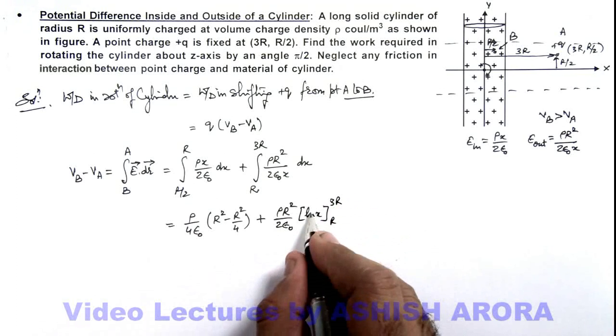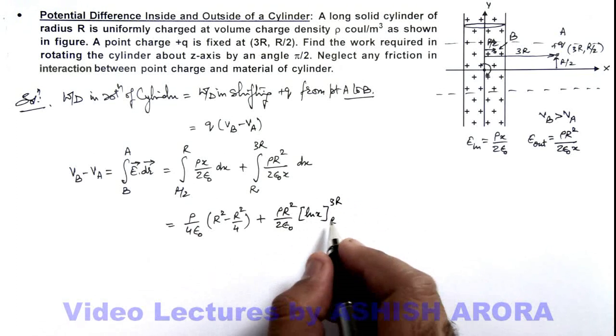So this will be ln 3r minus ln r, which can be taken as ln 3.